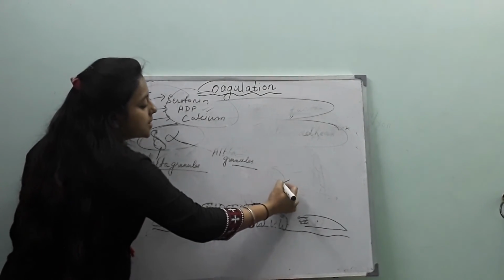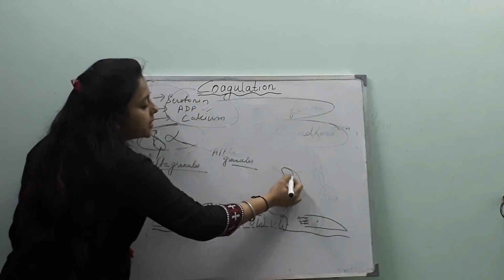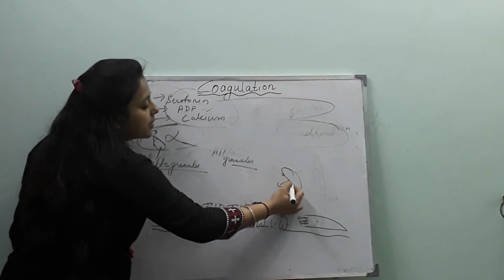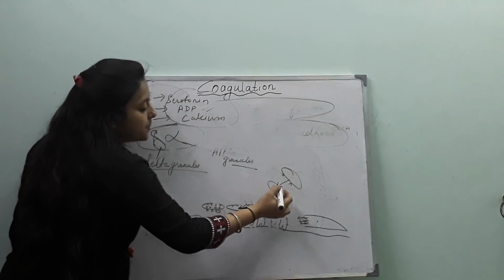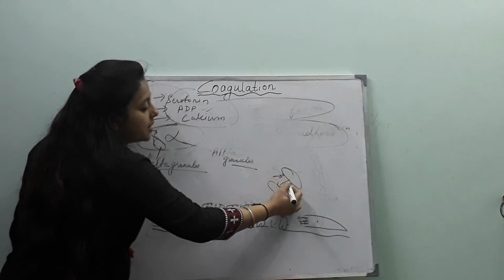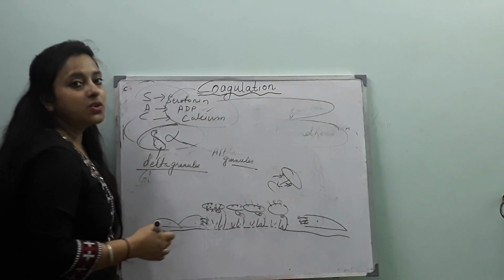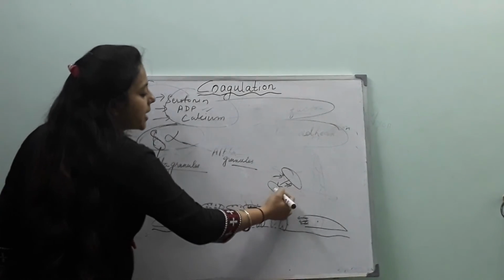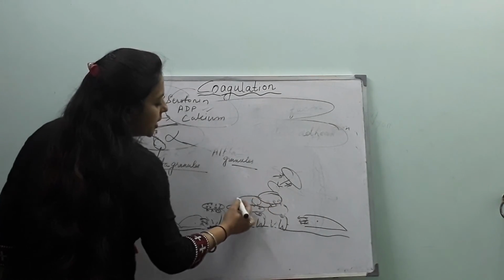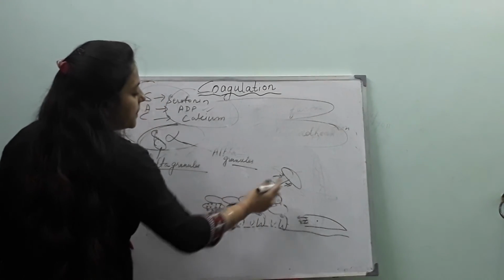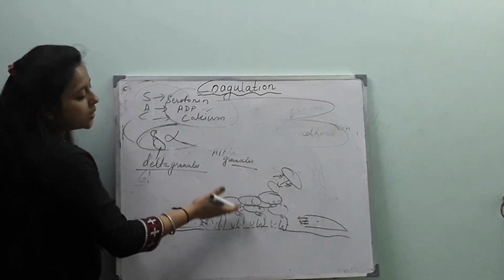If by chance any platelet comes here and combines with ADP, this ADP activates these receptors and attracts this platelet to aggregate here. In this way, platelets are aggregated over and over.